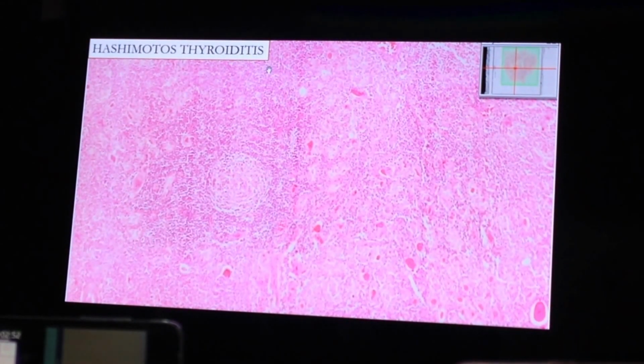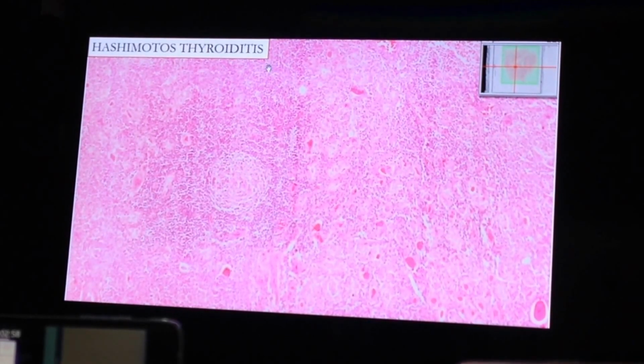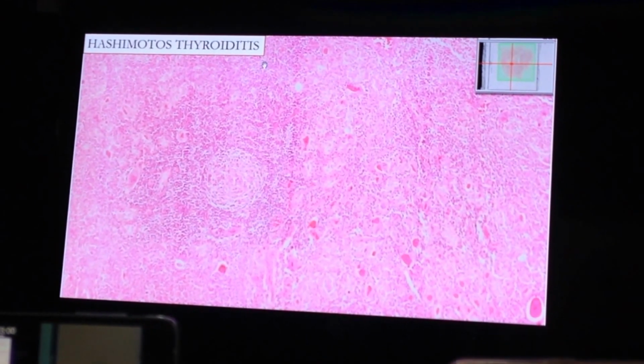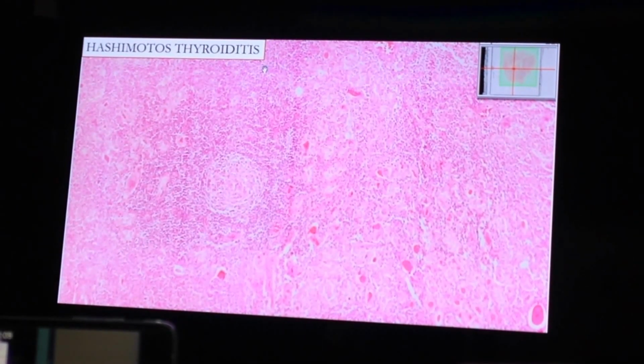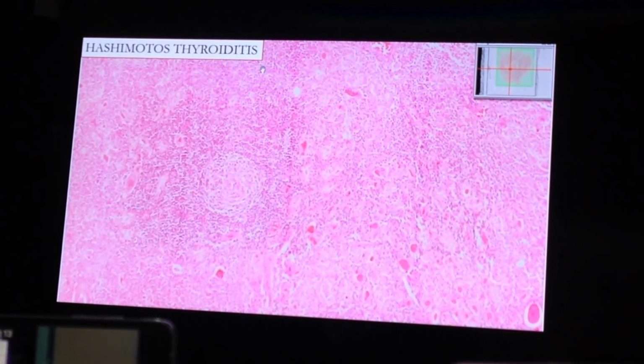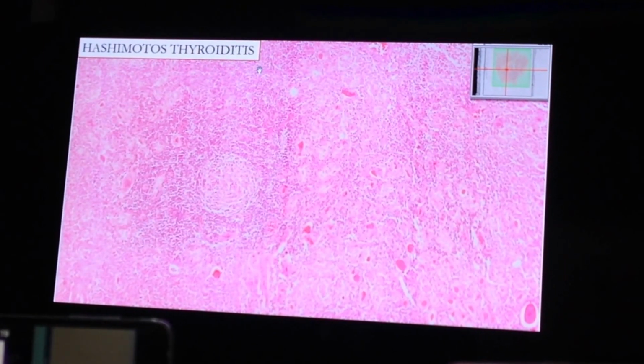The pathogenesis is failure of T cell tolerance, and then there would be cytotoxic CD8 T cell mediated injury. We also have cytokine-mediated inflammation and antimicrosomal antibody, in the presence of antibody-mediated inflammation.